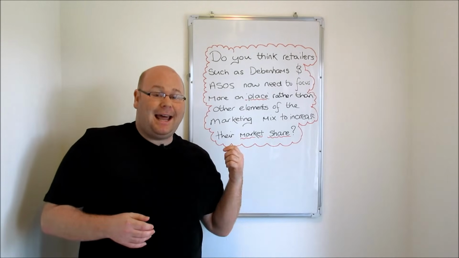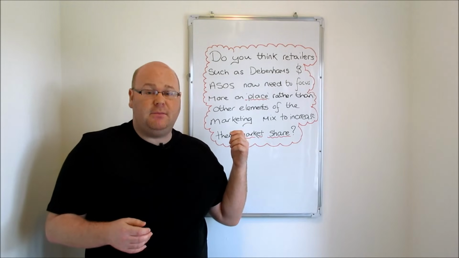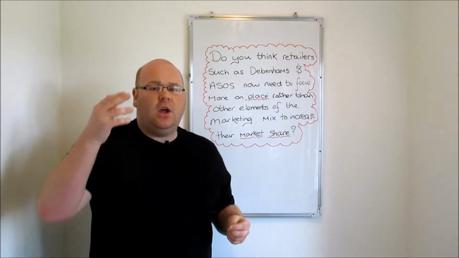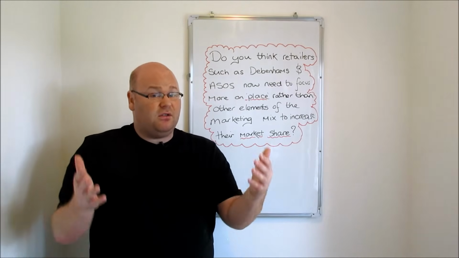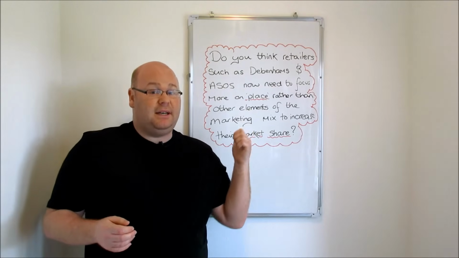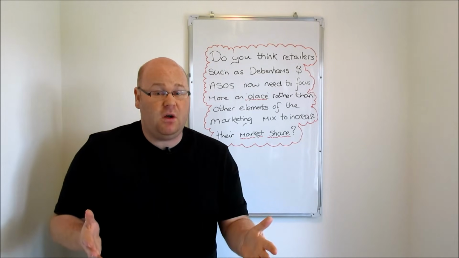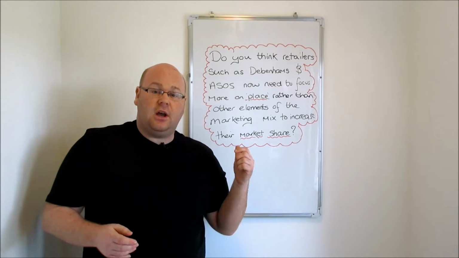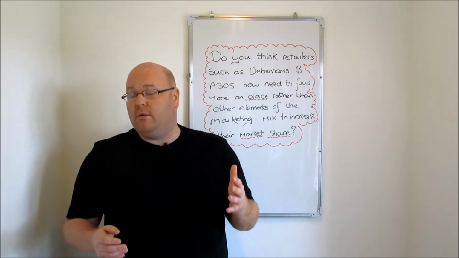Could we say that place is a better long-term solution to chasing market share because the clothing market is increasingly turning online rather than traditional bricks and mortar stores? So in the long term, we believe that place is the most important aspect of the marketing mix to focus on. But in the shorter term, maybe we could say that something like promotions or prices could be more important.